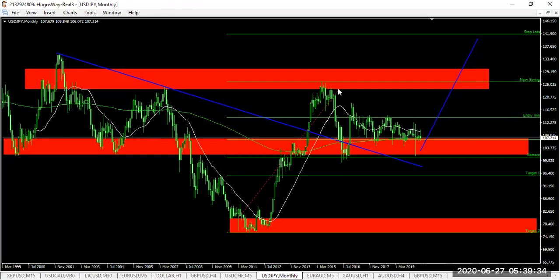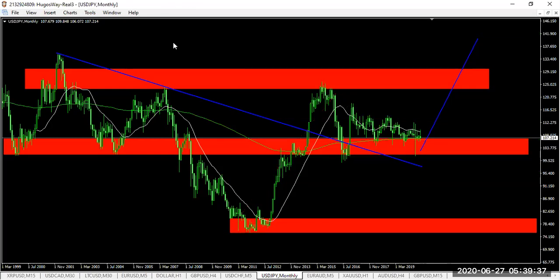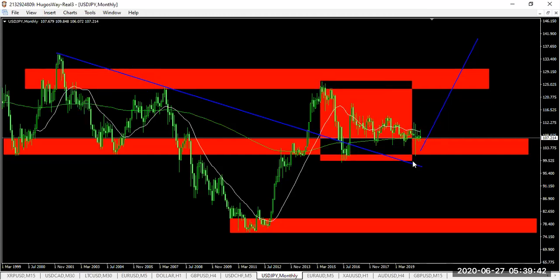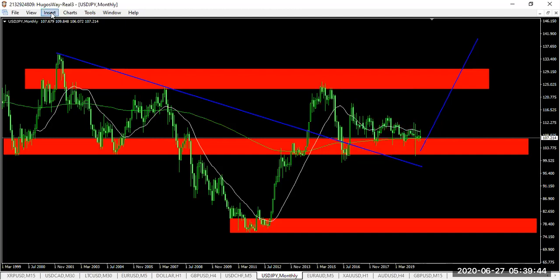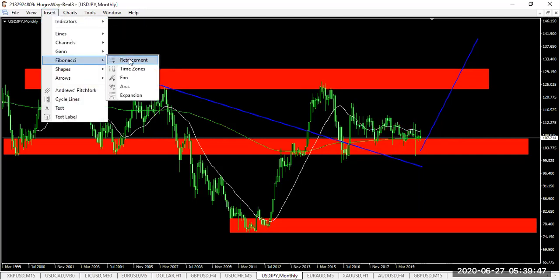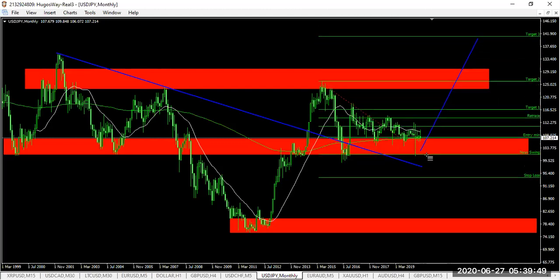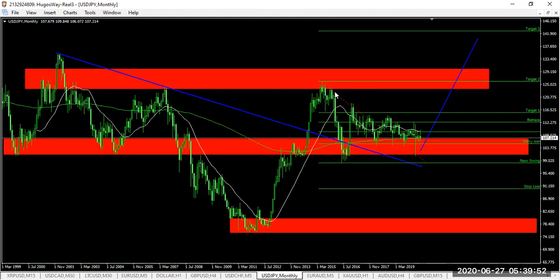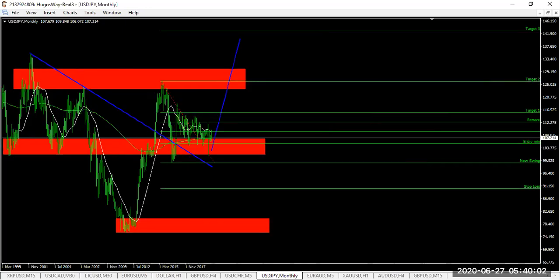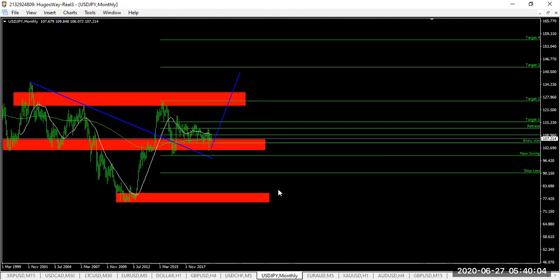So that would bring price to be in a supportive area. We could then remove the Fibonacci from there because we do have the retrace. And now we can see how price would proceed to bounce through the top of that range.